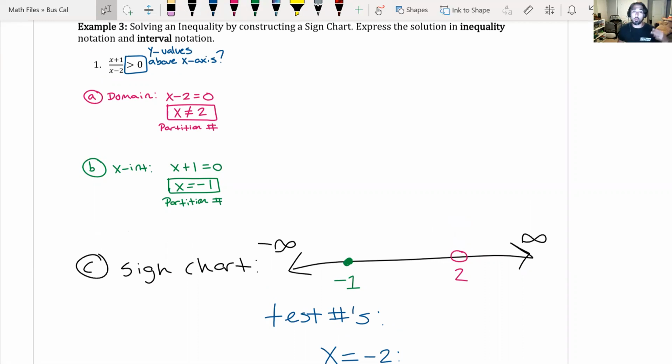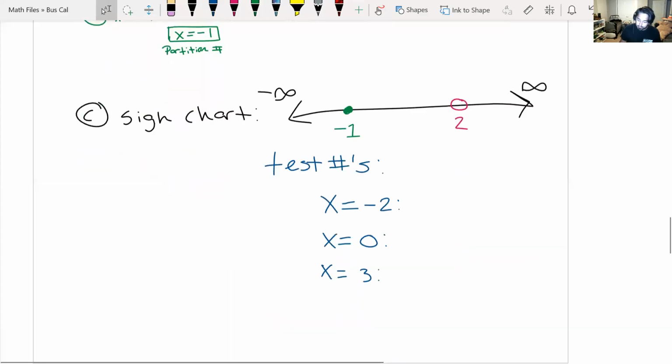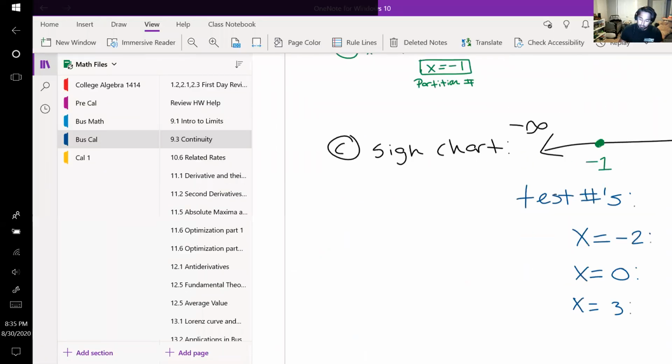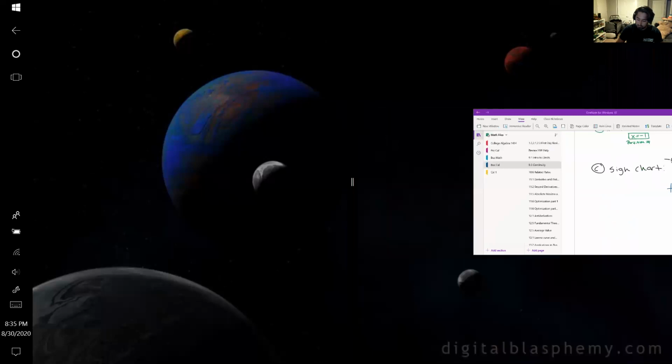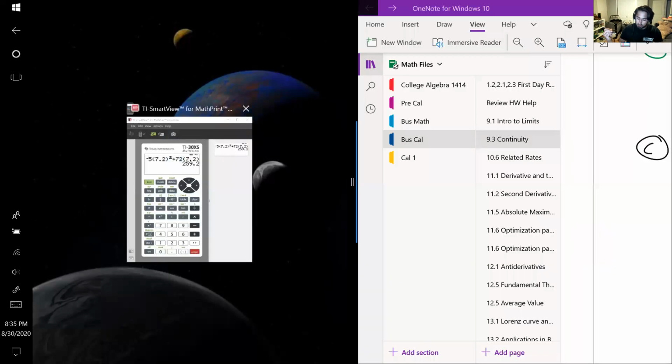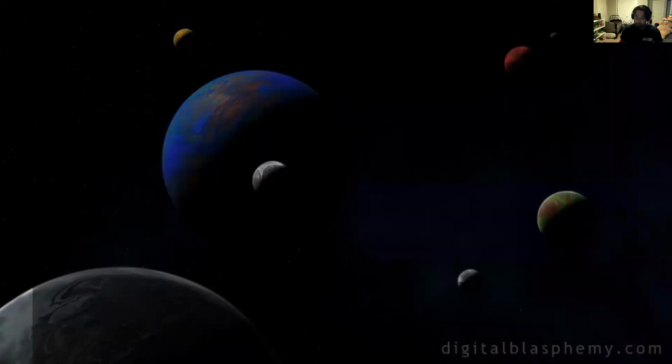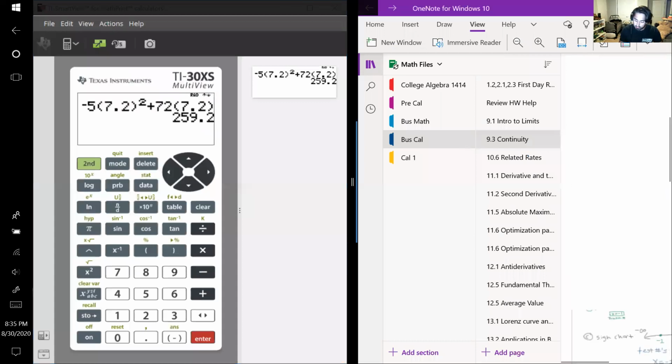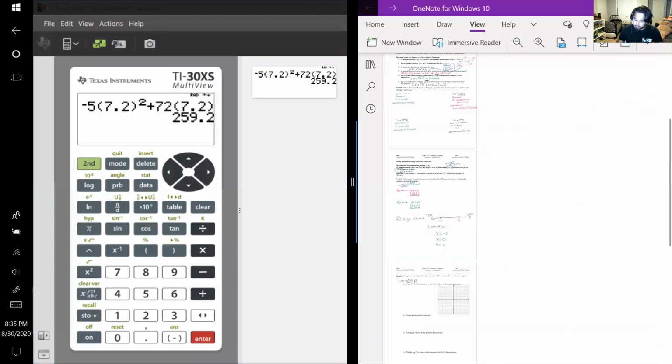Those are going to tell us where the y values are above or below the x-axis, right? Okay. So with that being said, let's show you some cool calculator tricks, right?